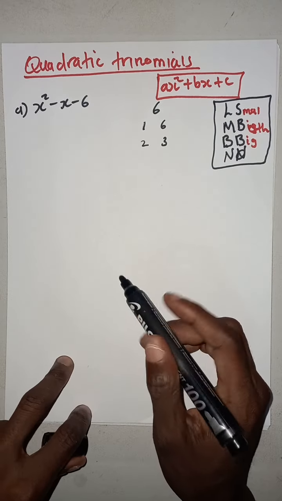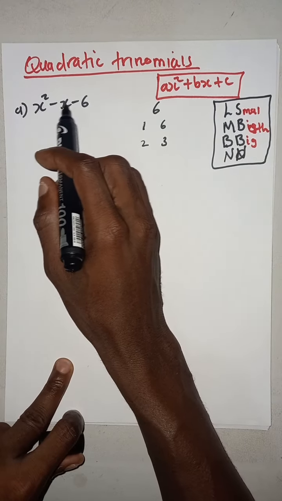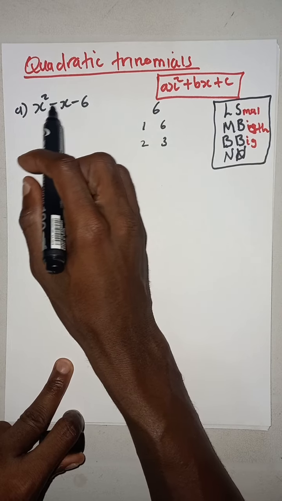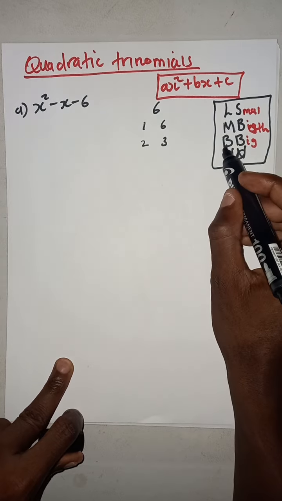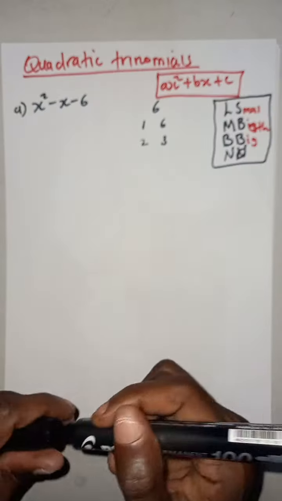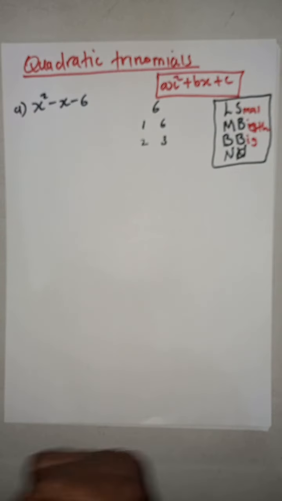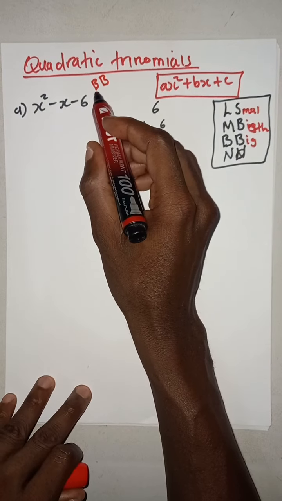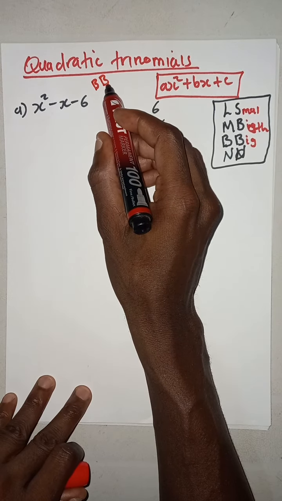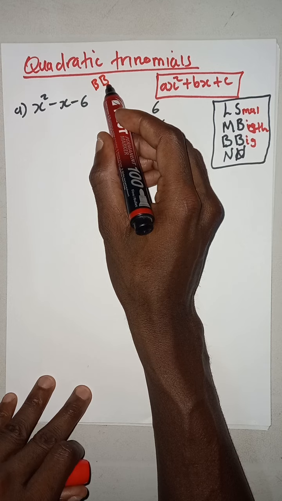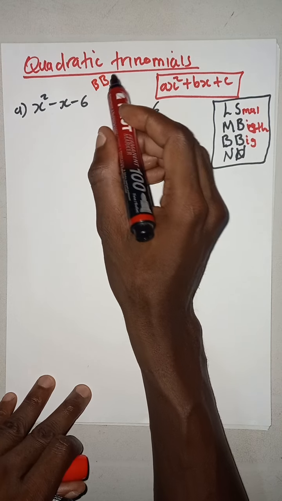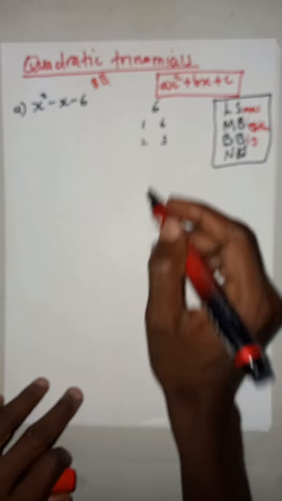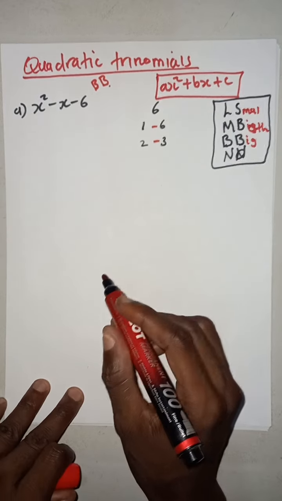If you look at this one, it is having negative, negative, it means both are negative. So I'm going to apply BB. BB means when both are negative, the big factor should have the negative sign. So therefore, this big factor should have negative sign.